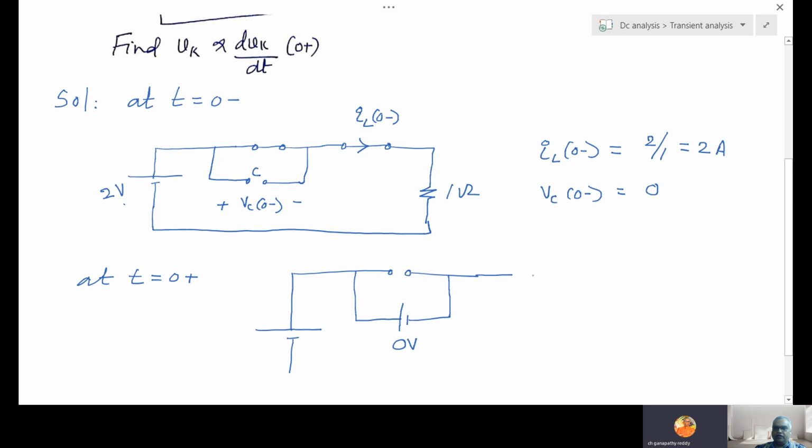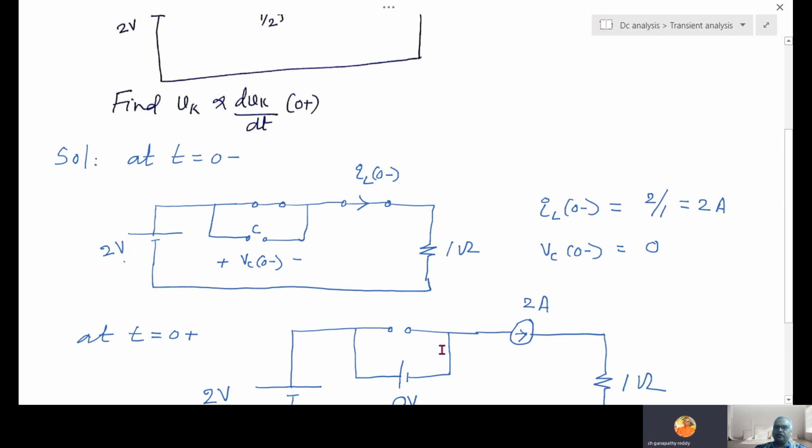And replace the inductor with a current source of 2 amps. One ohm, 2 volts. So at 0 plus the switch is open, inductor is a current source, capacitor is a voltage source of 0.